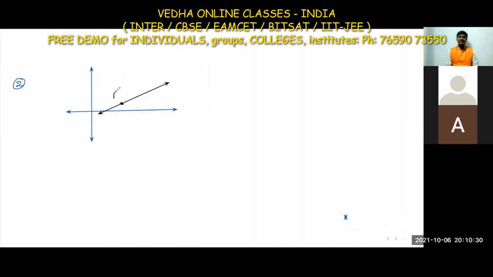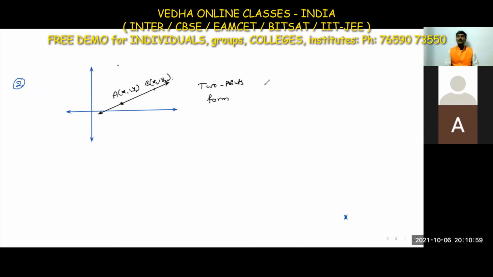Here point A is x1 comma y1, and point B is x2 comma y2. So when we know the 2 points, this form is called the 2 points form.